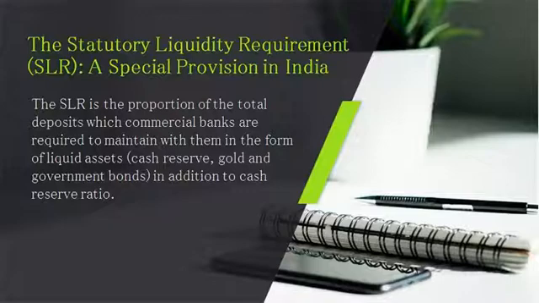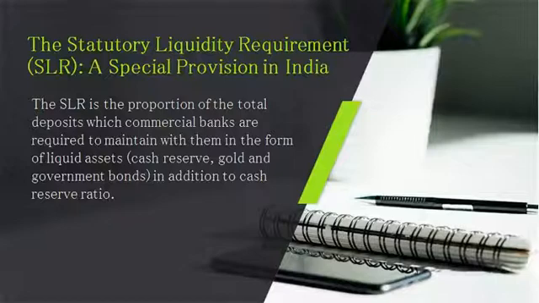They cannot use that money for giving out loans. So this was about SLR. It is a special provision in India. In many major countries, this SLR requirement is not there. CRR is very common in most of the countries in the world.